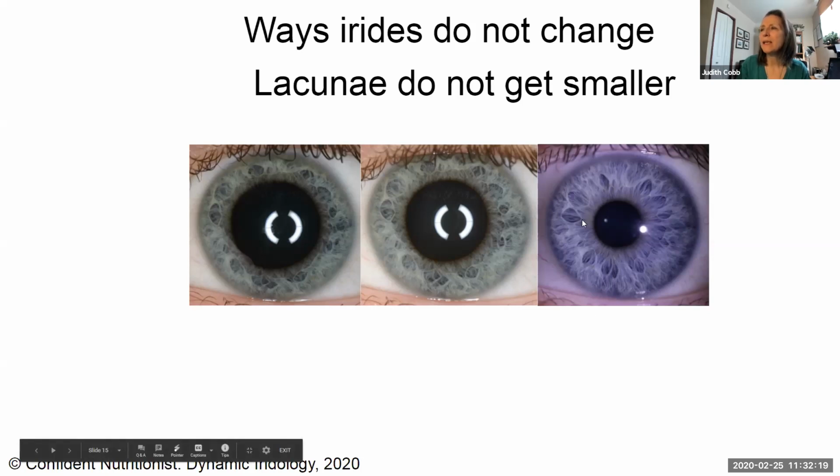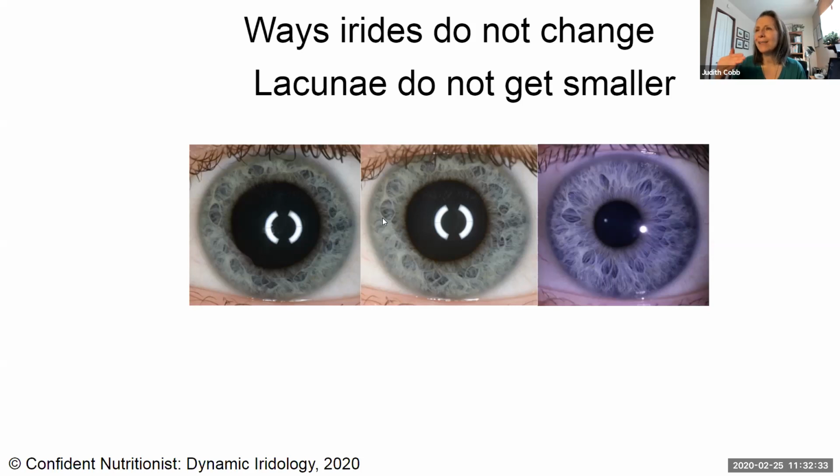So what that means is that when the iris is scrunched up, because the pupil is huge, this fiber needs to shift a little bit, but it's not that a fiber that's here is going to move down here. Nothing like that. It's that when we take this fiber and we stretch it out, it's going to get longer horizontally and narrower vertically. Does that make sense?